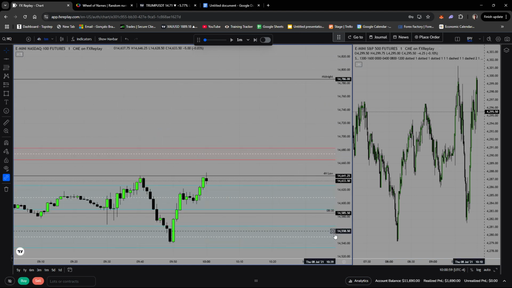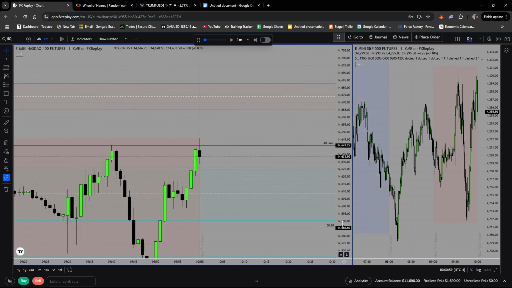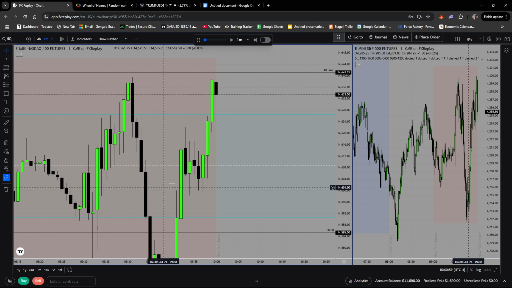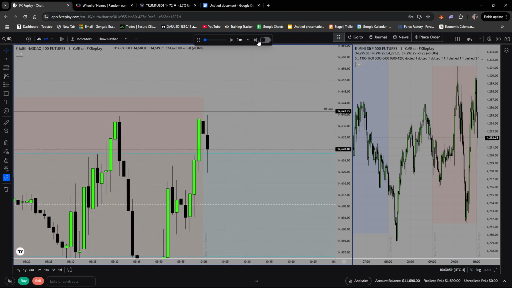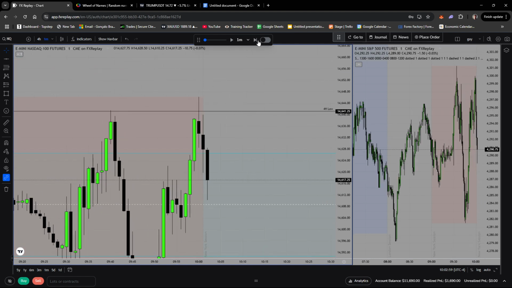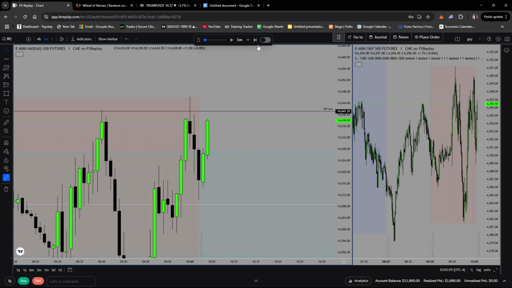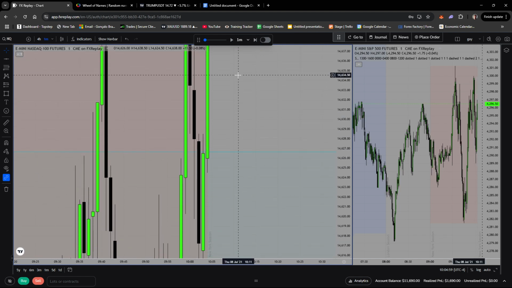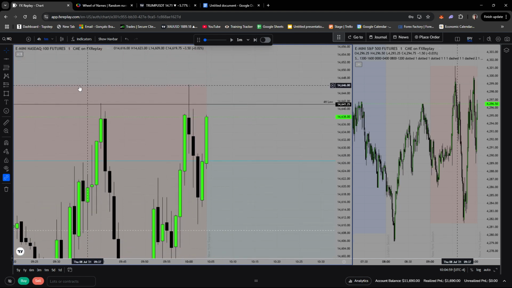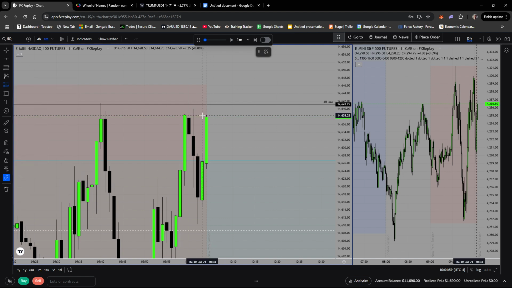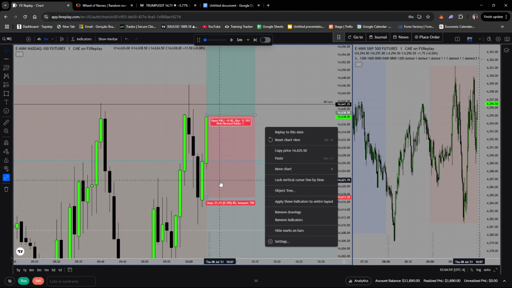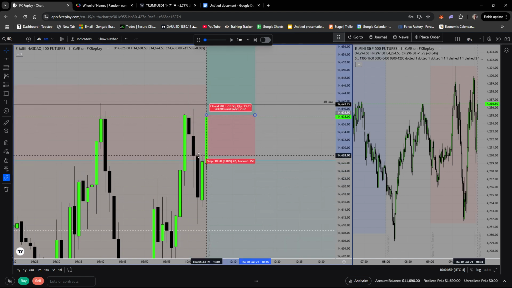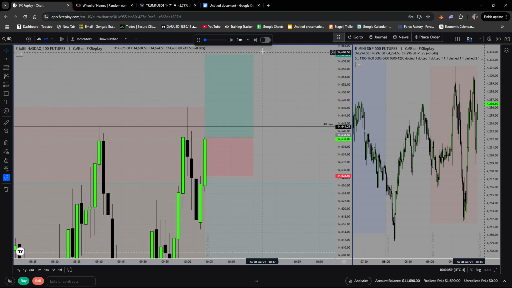Hey, let's go back to the 1 minute. What's the order flow? So we're respecting bullish gaps. Okay. If this can open up higher, I'll take this position with like a 10-point stop.